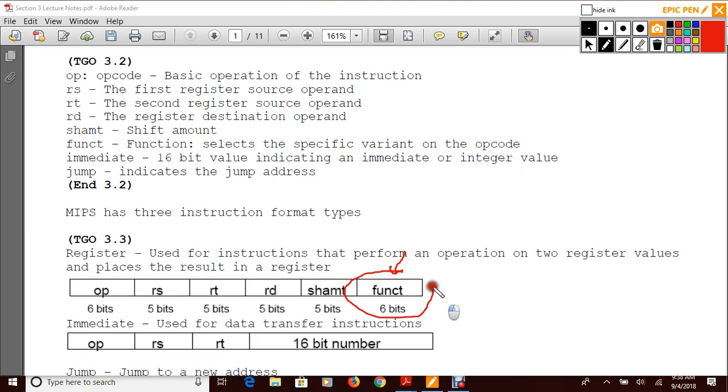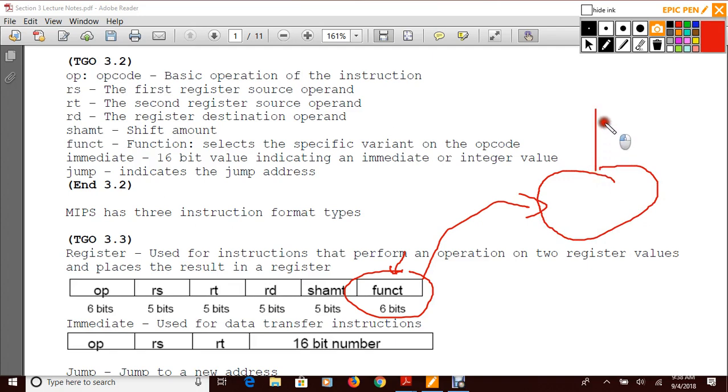And that function, if you remember from the previous section, goes to the ALU controller, which performs that logic, and then that 4-bit output goes to the arithmetic logic unit. That was what you learned in the previous section.